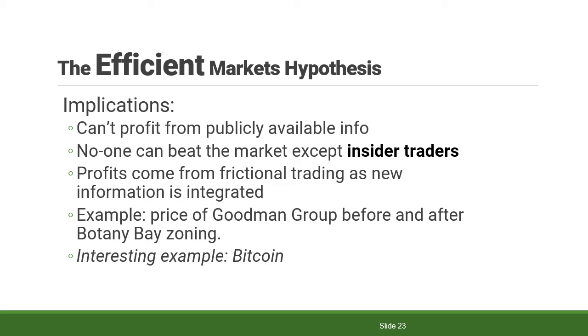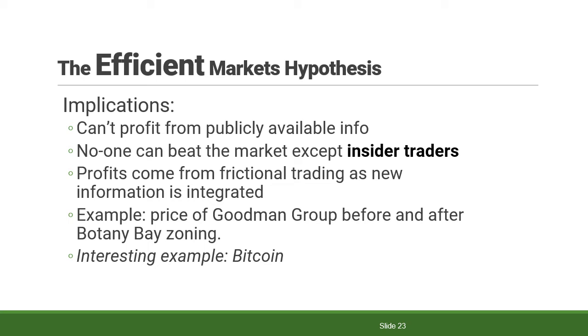Third is that profits come from frictional trading as new information is integrated. So it's not about information that is not generally known to the public but is already there, but rather, profits are driven by new information as it comes in, and people capitalizing on that new information in order to make certain decisions about how that industry will grow.